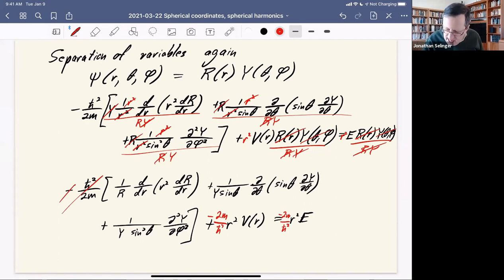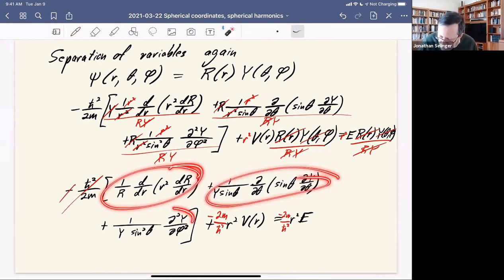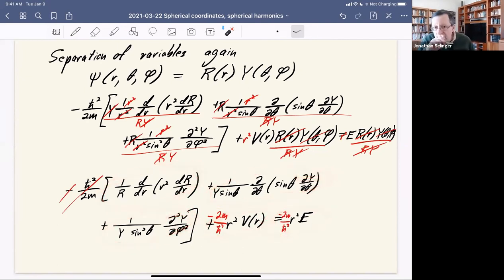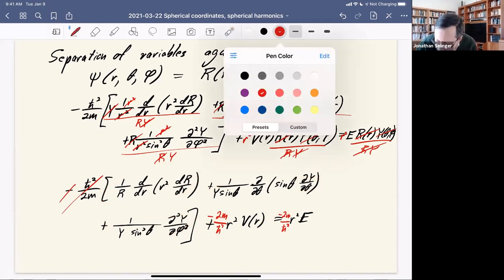Now I want to classify all of these terms. Here we have 5 terms: 1, 2, 3, 4, 5. Some of them depend on the radial coordinate, little r. Some of them depend on the angles, theta and phi. Let's figure it out, in blue maybe.